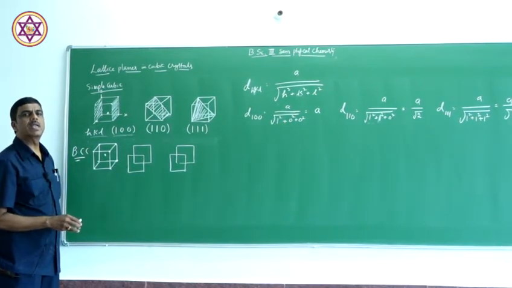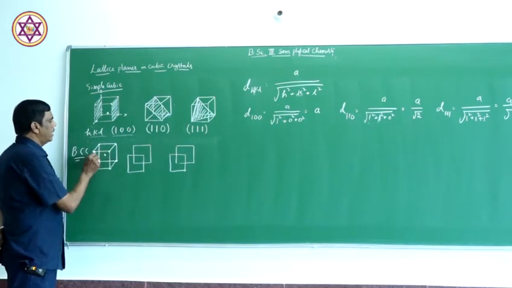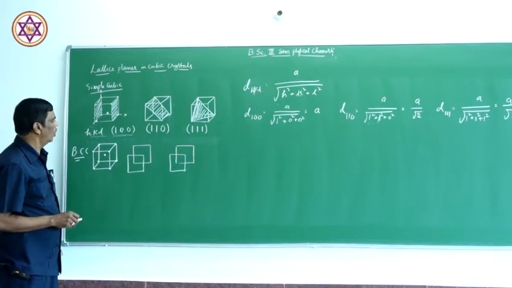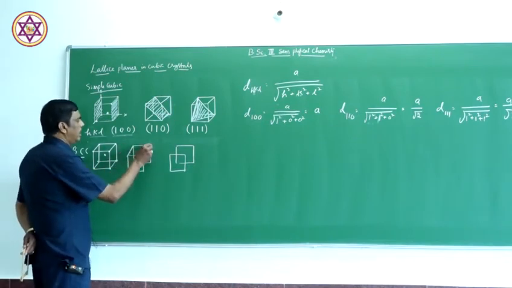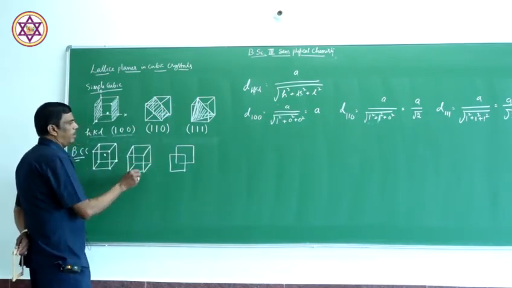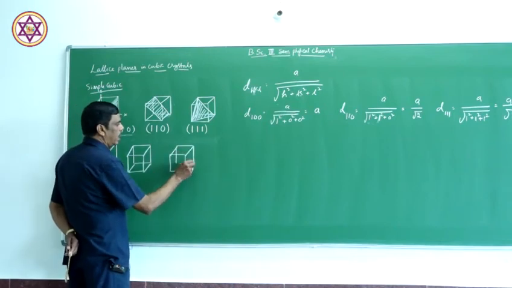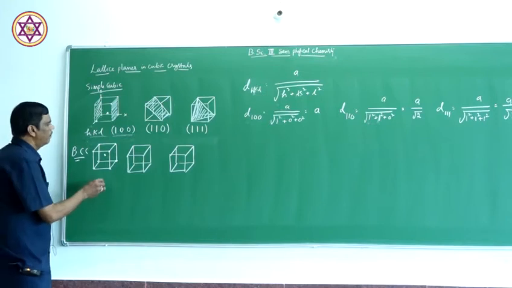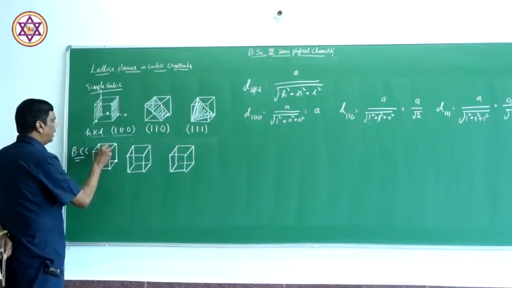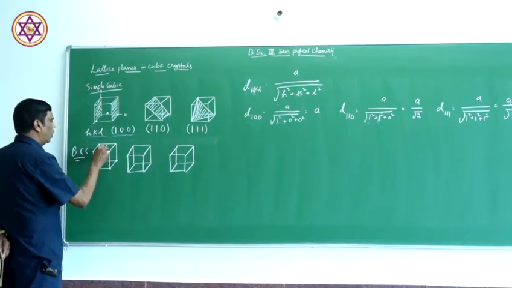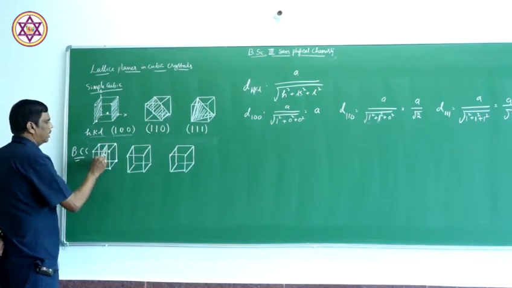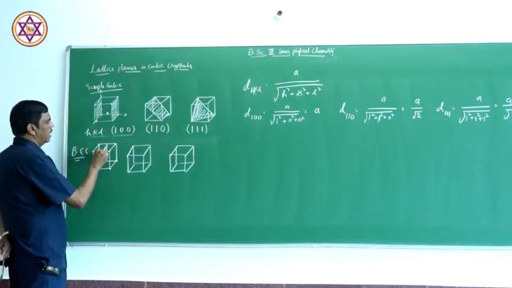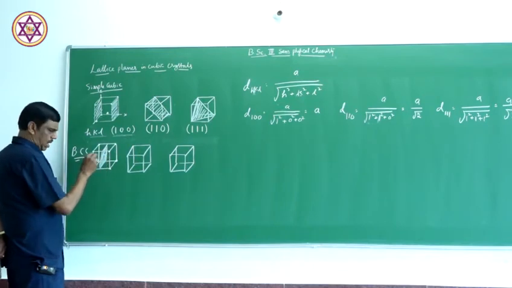In case of body centered cubic lattice, apart from these 8 corners, there is one atom at the center of the cube. Here also 3 planes in different directions, parallel to each other, are possible. One plane is this plane, which bisects the unit intercept by half.